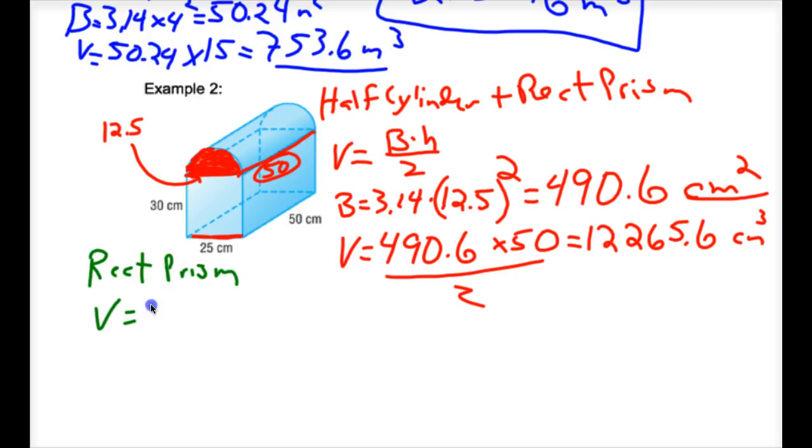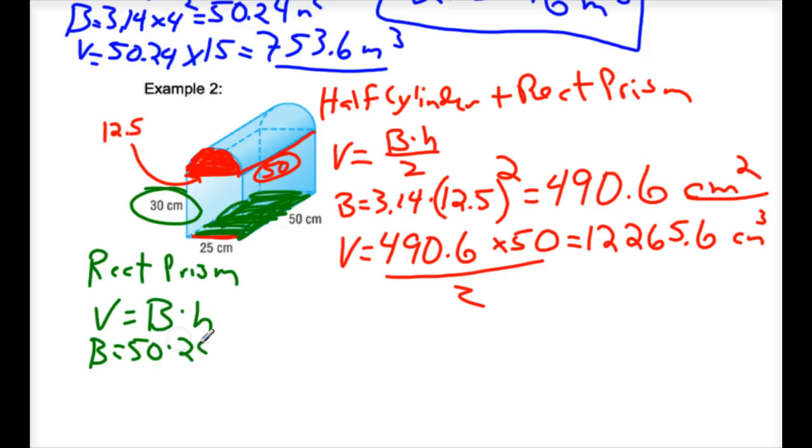Again, that's big B times H. Okay, I'm going to shade in the bottom, and I circled my 30. Shade and circle. Okay, big B is a rectangle, 50 times 25.